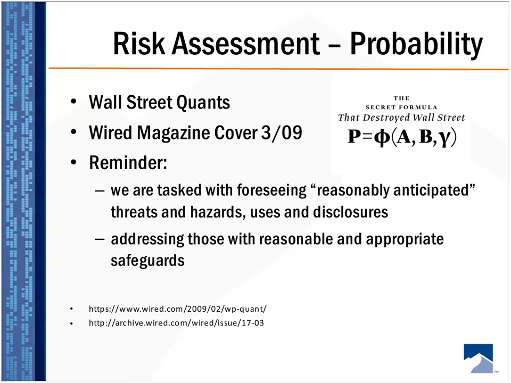We read the news, we stay abreast, we get training, we get certifications, certified HIPAA professionals, certified information systems auditors, information security certifications, and so forth, to become aware and educated about the most common threats, the most common attacks, and therein lie answers to what are the reasonably foreseeable threats and vulnerabilities. And then addressing those with reasonable safeguards. If you have time, I put the link here to that article. It's a fascinating read.